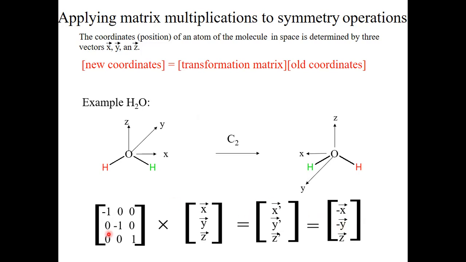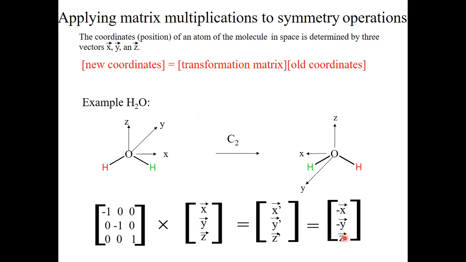So last but not least, we need to multiply the third row with the column here. So this will give 0 times x plus 0 times y plus 1 times z. Okay, that is just z.